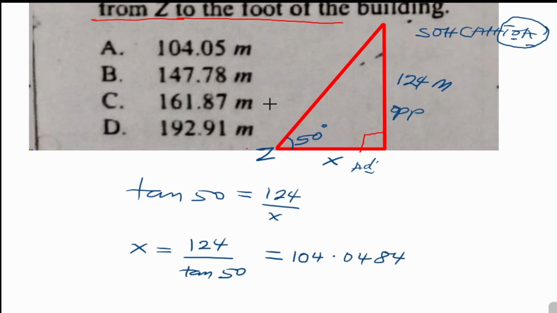Looking at the answers here, you can see that they've been rounded to the nearest hundredth or 2 decimal places. So this will be approximately 104.05 meters. And when we look through the possible answers, that is going to be option A.